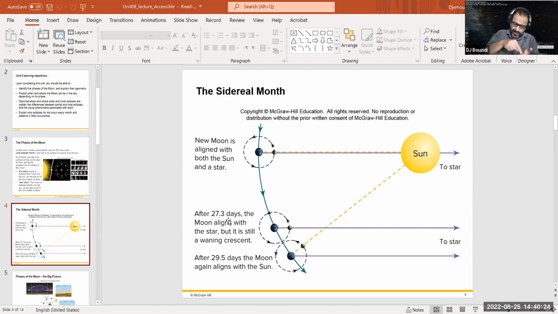Obviously, the Earth would have made a full rotation and then some change to align the sun back to the same place. Okay, why? Because the Earth is moving around the sun. It's moving around the sun, so it has to make that extra turn to make up for that motion, so that it's aligned again with the sun. The same thing is true in this case, and this is also due to the motion of the Earth around the sun.